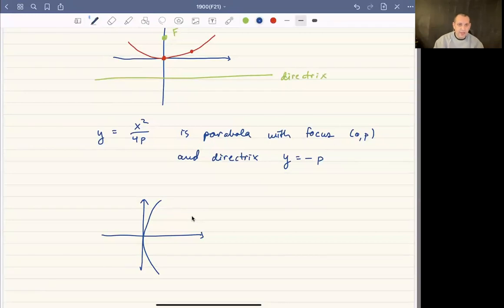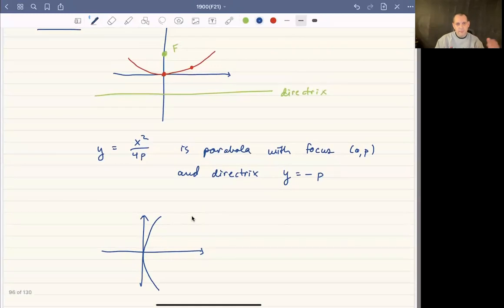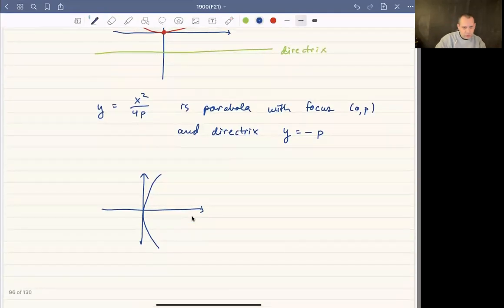So really there are only two cases for parabolas. Either they open up or down, or left or right. If they open up or down, they're basically what we had before, except with a plus or minus in front. And if they open left or right, then you just switch the roles of x and y.